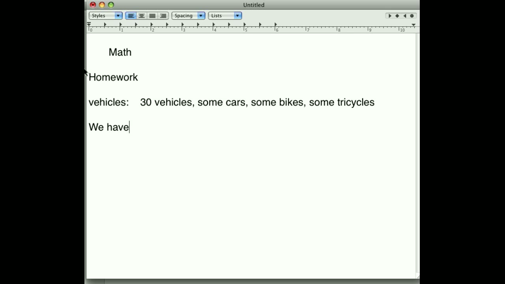We have 3 times more bikes than we have cars.